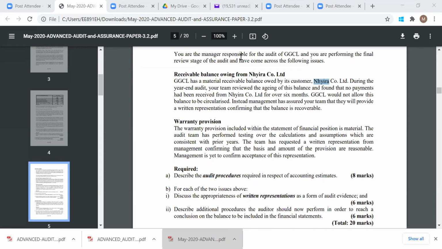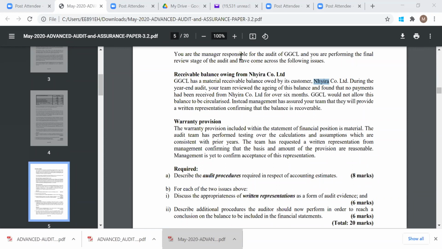Another audit procedure that comes to mind as well is, when we are looking at the 7 audit procedures, one of the things we identified was you can say inspection or review.